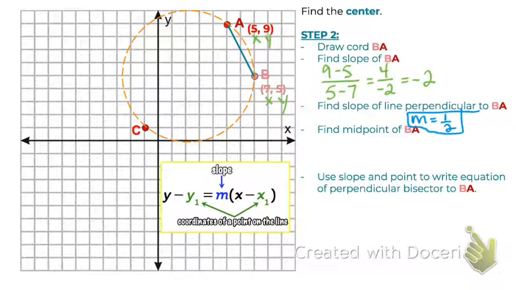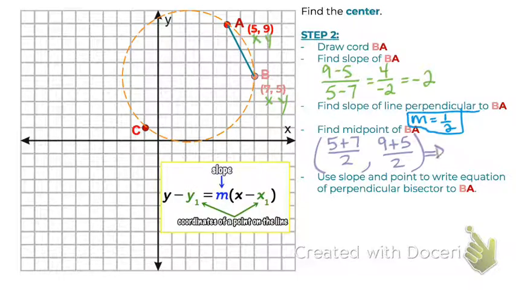Now I'm going to find the midpoint, the middle where this line is going to be. So the midpoint between A and B, I'm going to average my x's, 5 plus 7 divided by 2, and average my y's, 9 plus 5 divided by 2.